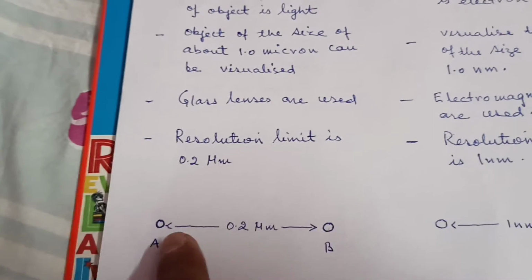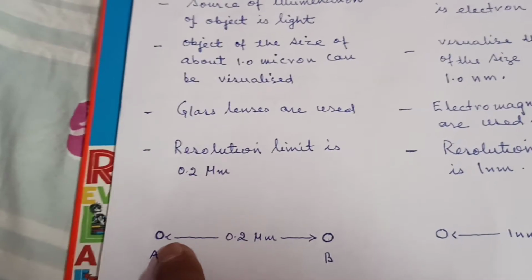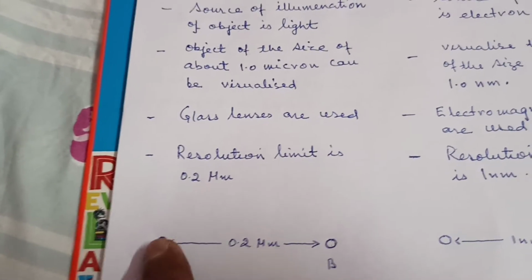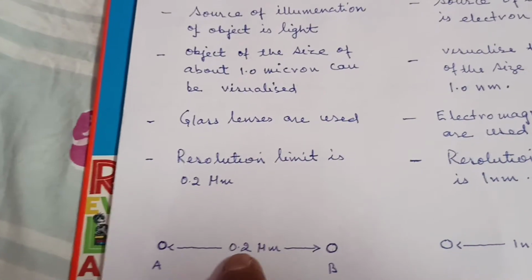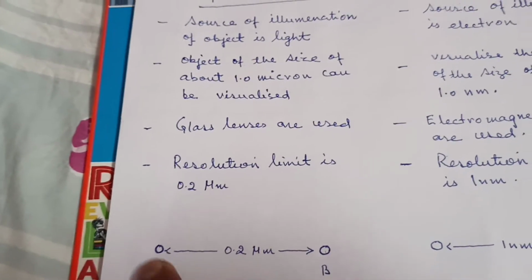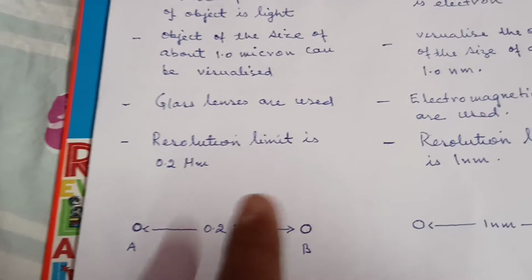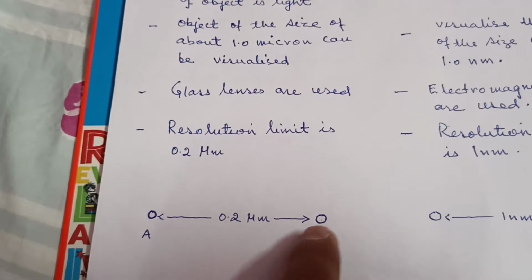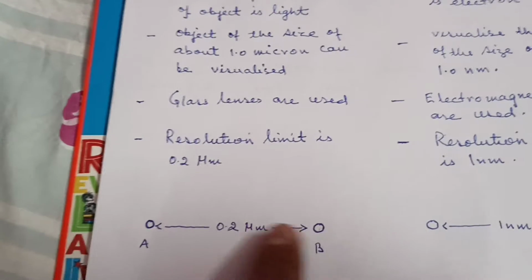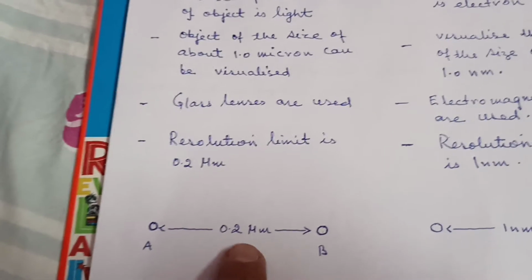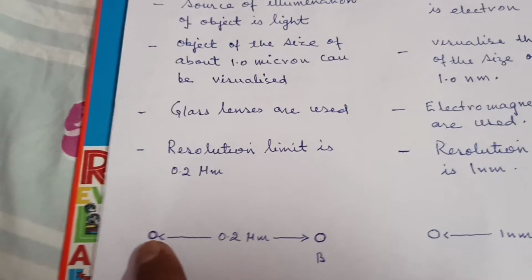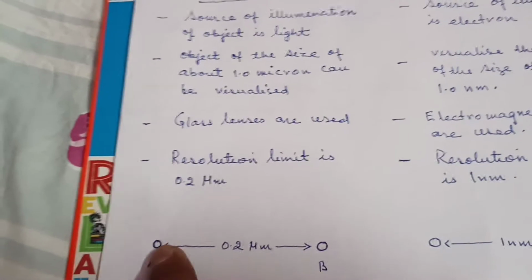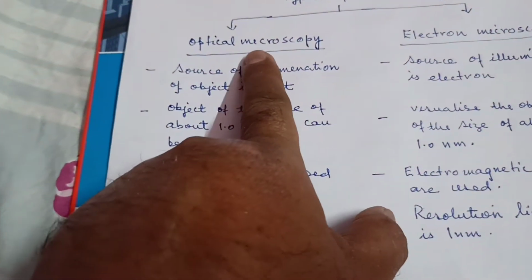That means two objects placed 0.2 micron apart can be distinguished as two entities. And if these two objects are present at a distance less than 0.2 micron, then they cannot be distinguished as two different entities by the optical microscope.